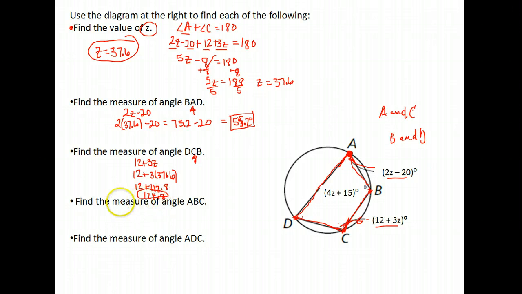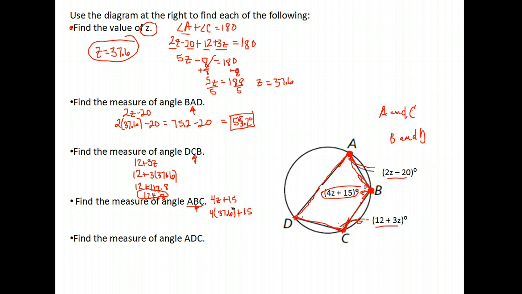Okay, let's move on to the next. Find the measure of angle ABC. Wherever that middle letter in the name is, that's where your angle is. So our angle is at B, and the measure of angle B was 4z plus 15. Just like we did with the others, we write down 4z plus 15, replace the z with 37.6, and evaluate from there.